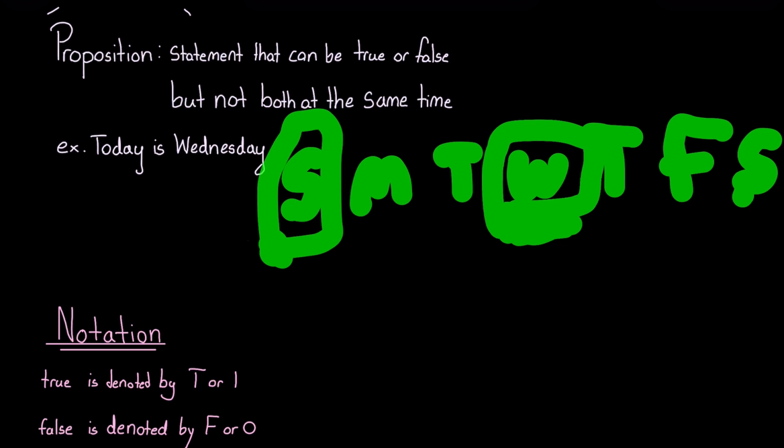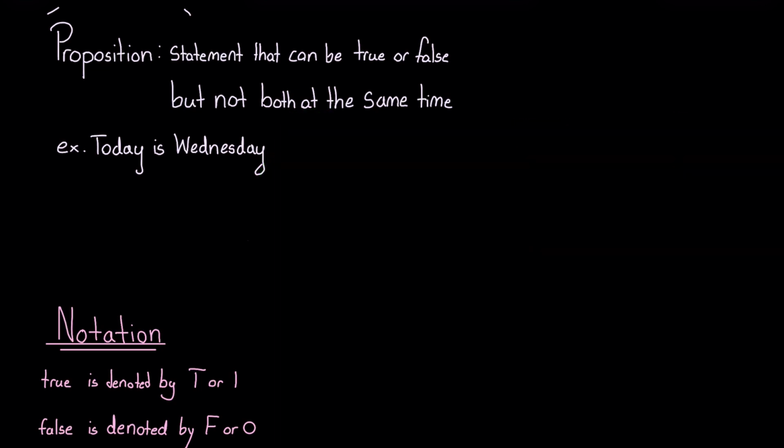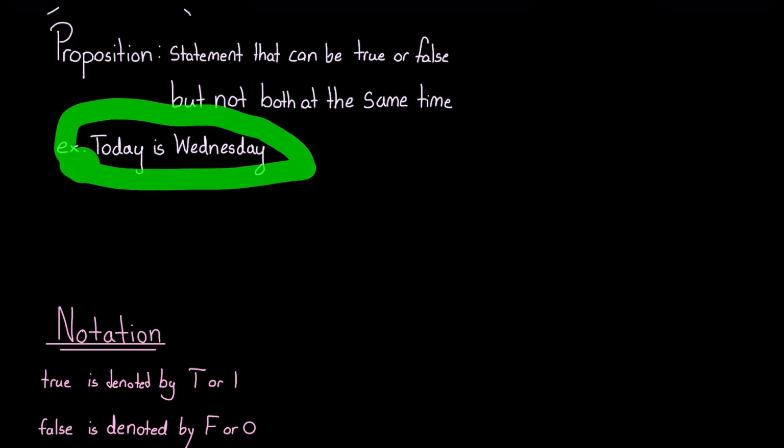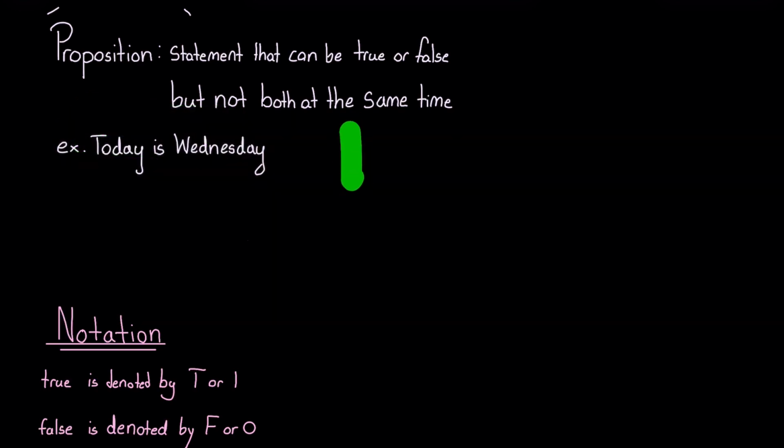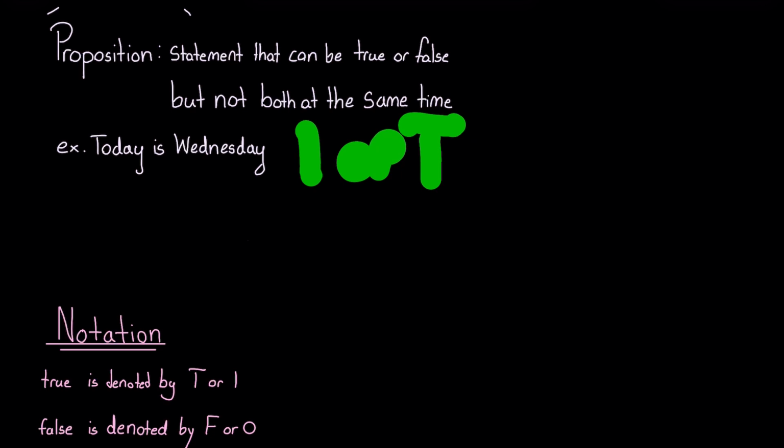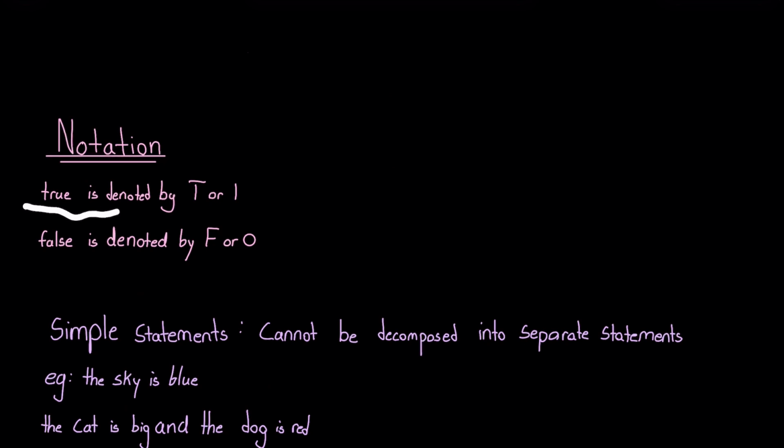Okay, now how would we denote this? If it is Wednesday today, we can denote this as true by having a 1 or a T. So 1 or T refers to if today is Wednesday. As you see here in the notation section, it can be denoted by T or 1. So that's how we tell if today is Wednesday or not.